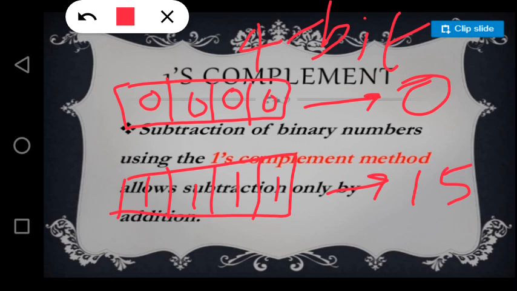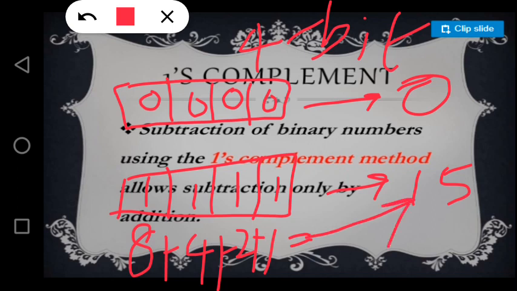Just apply the weighted rule, 8 4 2 1. So 8 has 1, 4 has 1, 2 has 1, and 1 has 1. So 8 plus 4 plus 2 plus 1 becomes 15. So the maximum unsigned number that you can represent using 4 bits is 15.